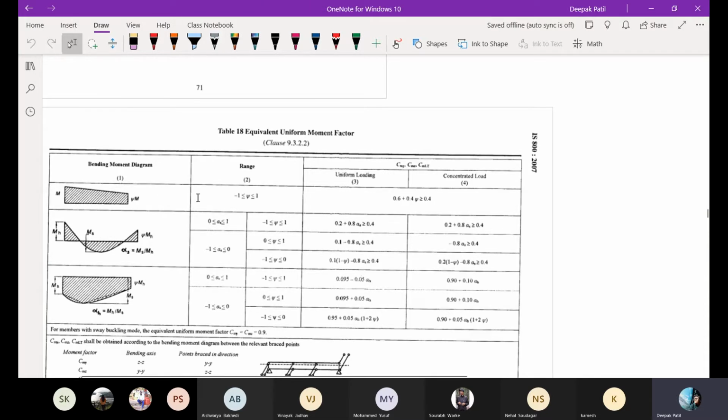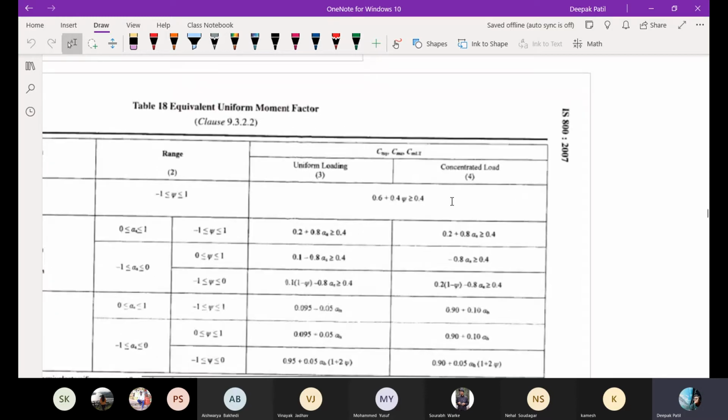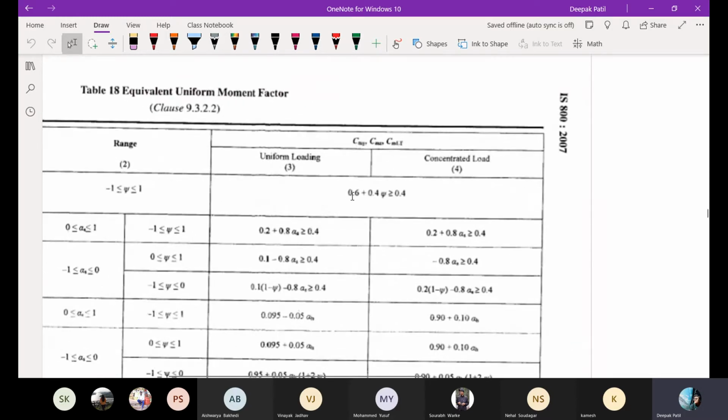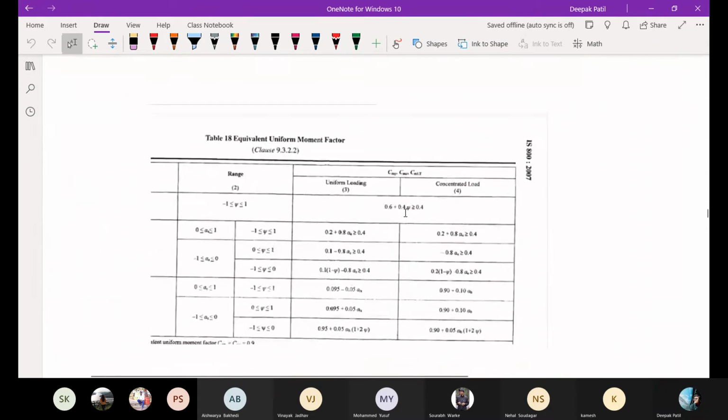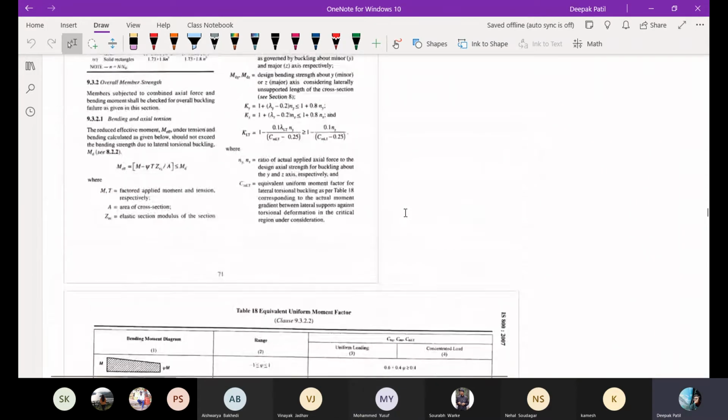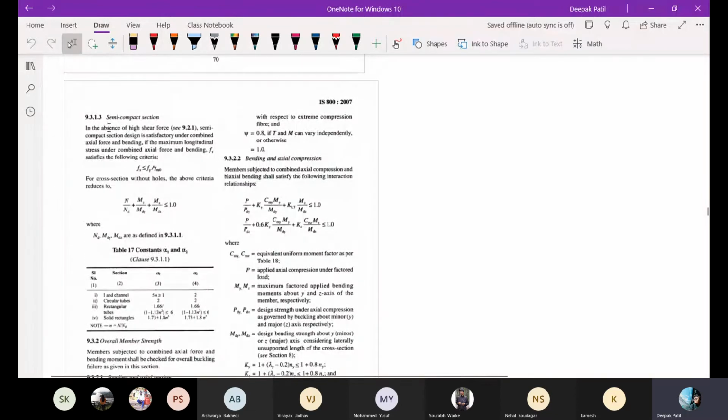So to calculate CMY, CMZ and CMLT, you have to use this formula that I told you, 0.6 plus 0.4 times psi. Are you clear? Yes, sir.